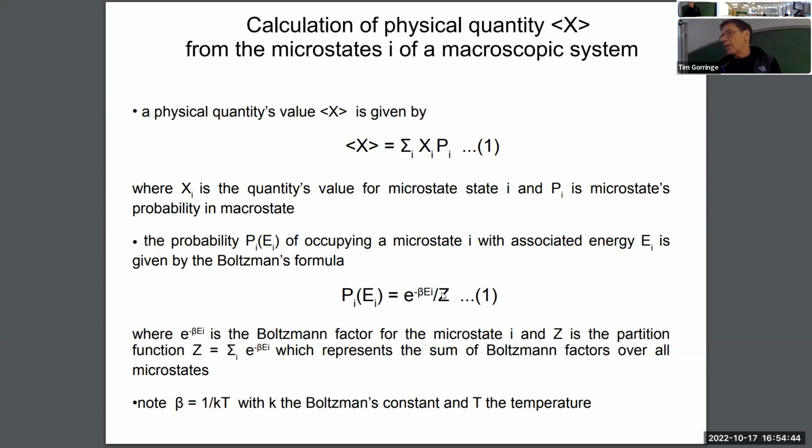And then in the denominator down here, we got a factor. It's normally given the symbol Z. It's called the partition function, which is really just the sum of the Boltzmann factors for every microstate of your macroscopic ensemble.